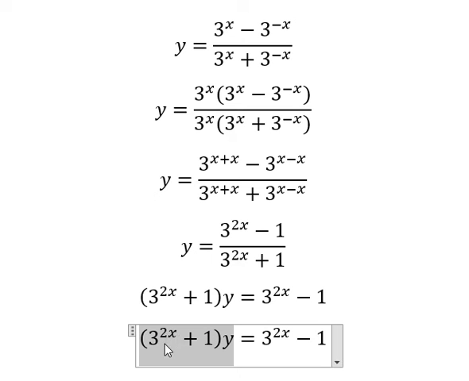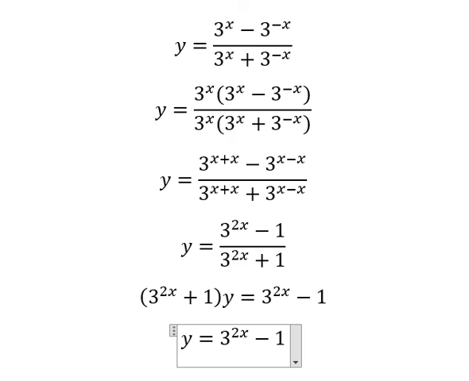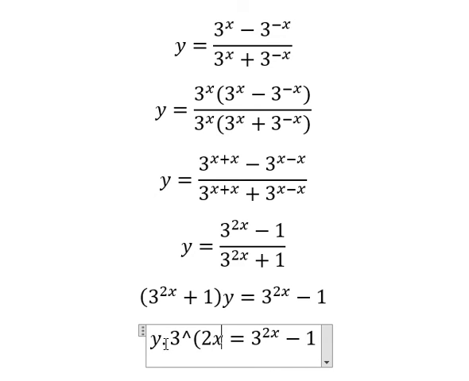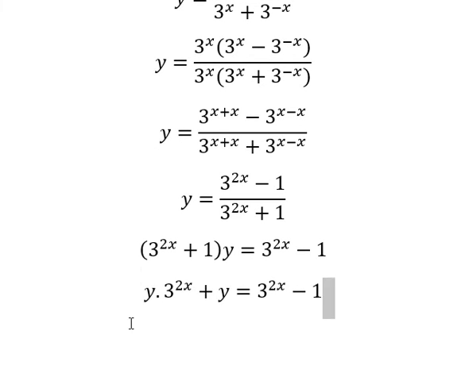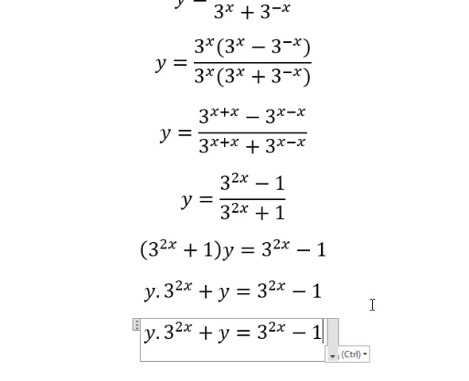So we have like this. Now I will put this one go to the left, y go to the right.